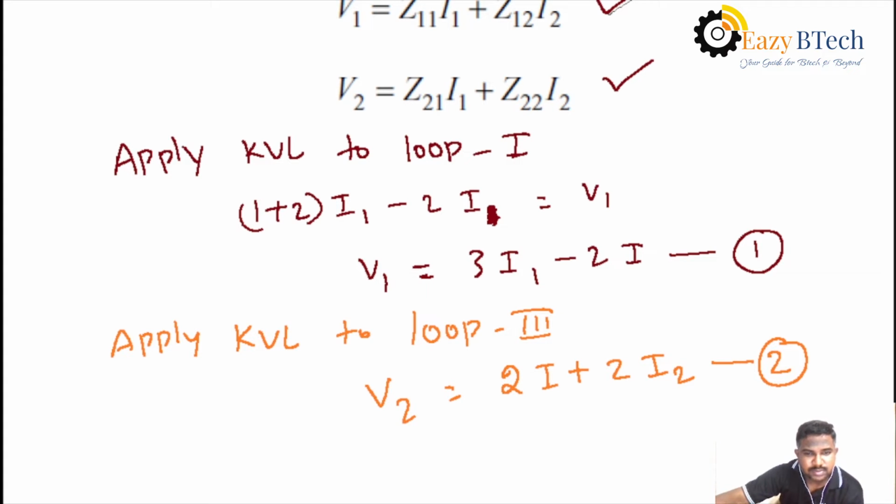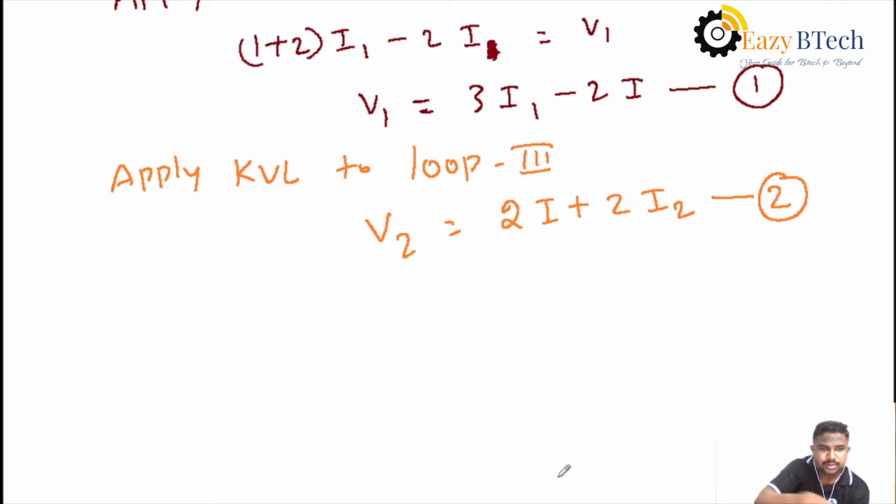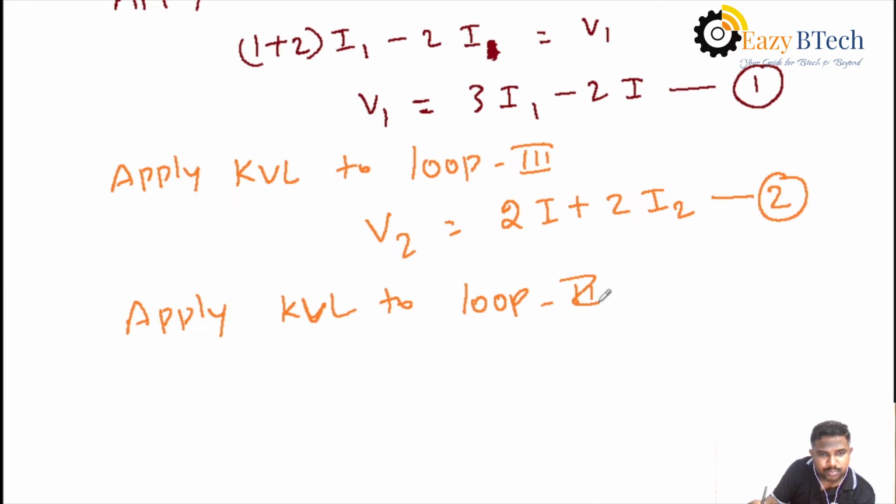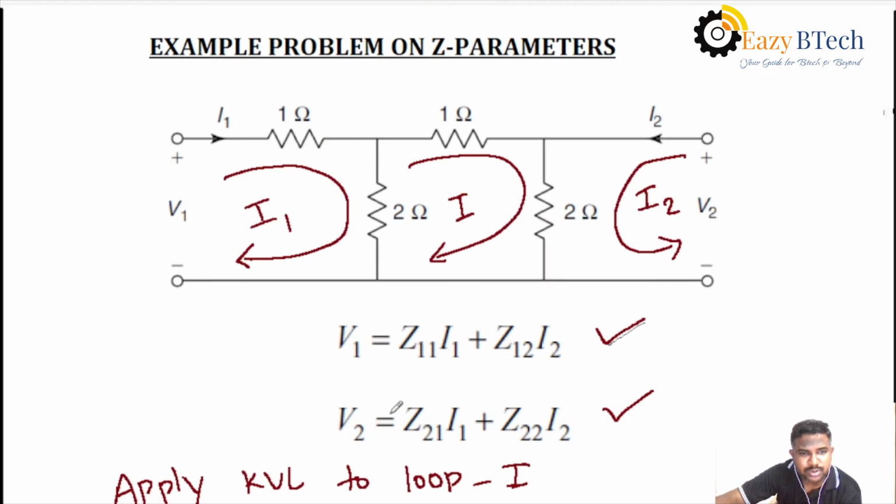In the same way, similarly, apply KVL to loop 2. In the second loop, we have three elements: 2, 2 and 1, so 5 into I. But the 2 ohms and 2 ohms also belong to the first loop as well as the third loop.